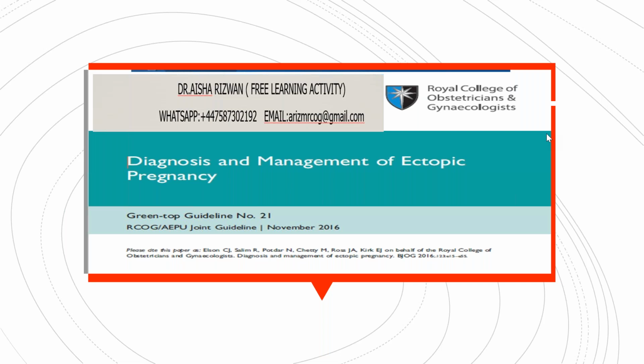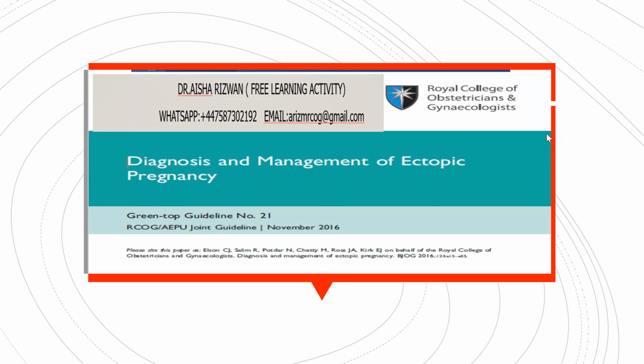So if the level of the beta-HCG increases by 11 to 20% over a period of 48 hours before administering methotrexate injection, then it means that the treatment is going to be very successful. How much rise? Just 11 to 20%. You did the baseline, then you repeated at 48 hours, and now the level has risen by 11 to 20%. So it predicts that the treatment with methotrexate is more likely to be successful.